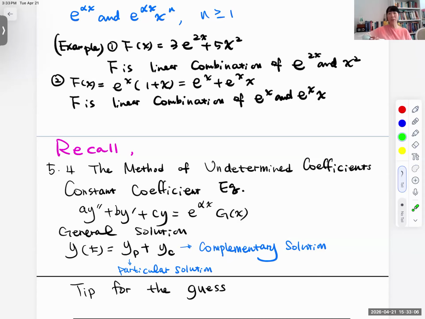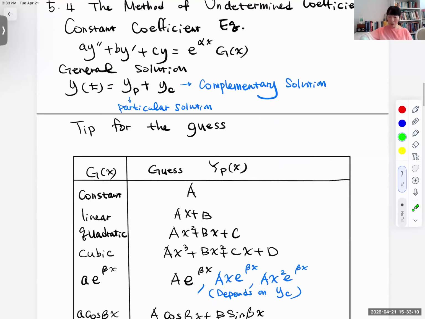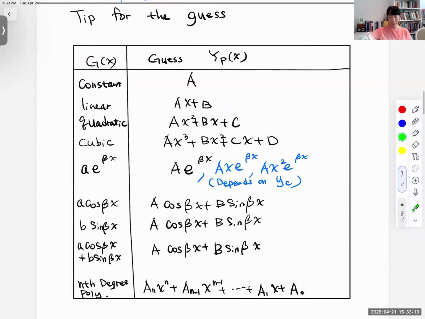Then we have a table for g of x. Earlier we had e to the 2x, so looking at this form, a equals 1. Then we guess the particular solution A e to the beta x, here e to the 2x.